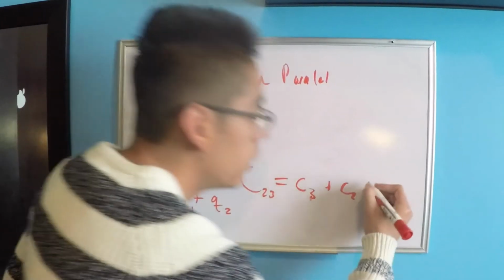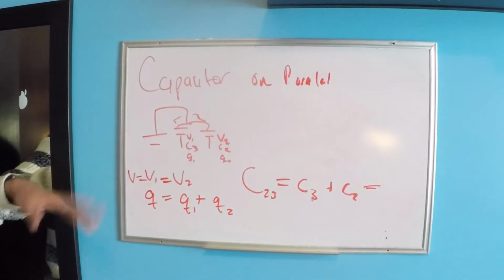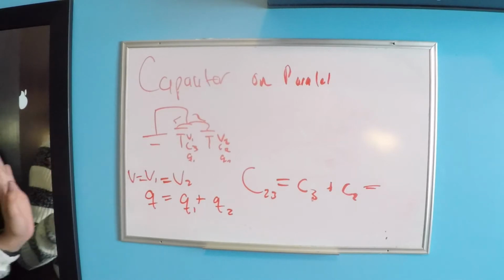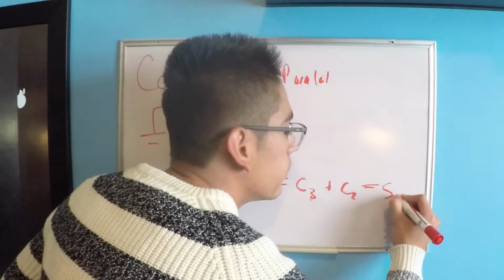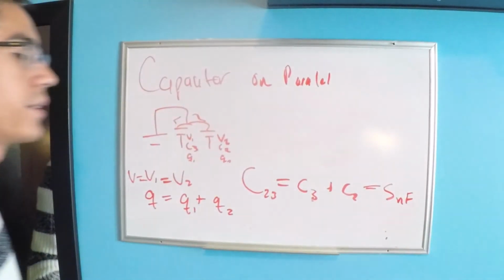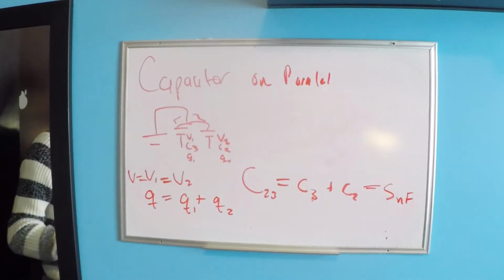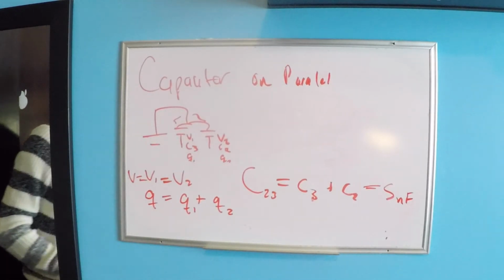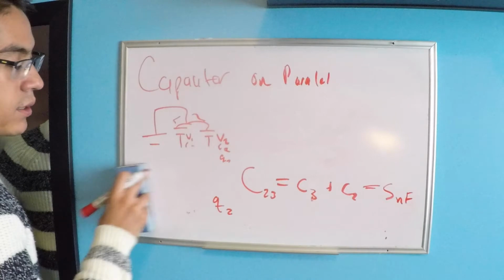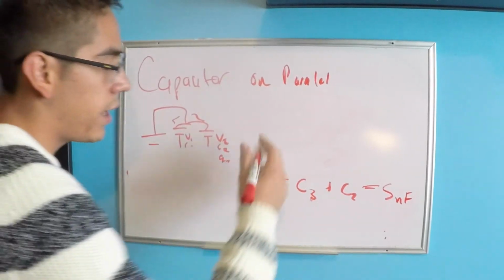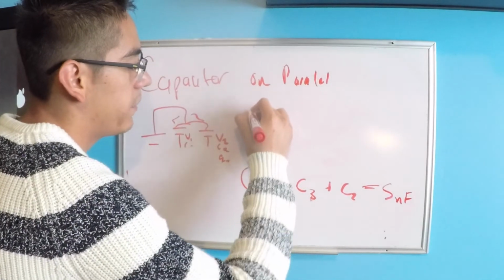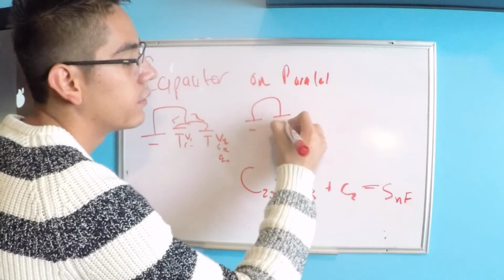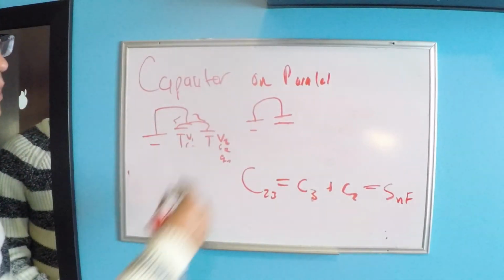Pretty simple. We substitute our previous data, and then we got 5 nanofarads. So remember C2 and C3 now is a capacitor like this.